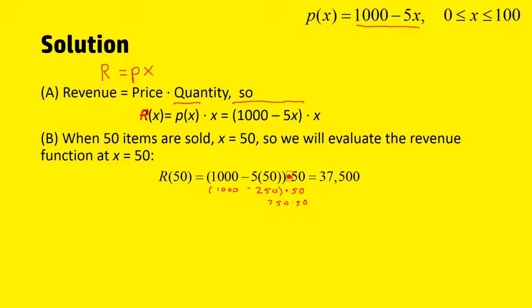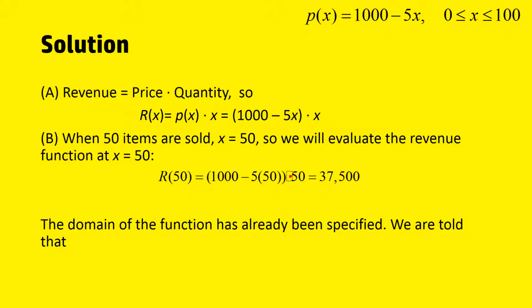Right? 750 times 50 is like 75 times 100. So yeah, 37,500 will be the revenue when 50 units are produced and sold.